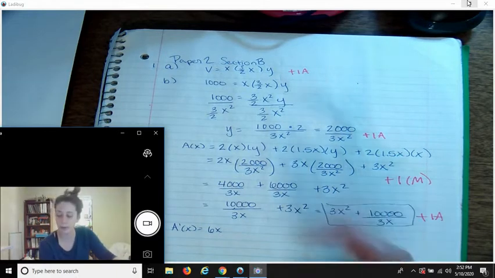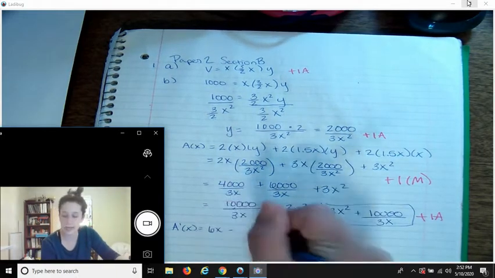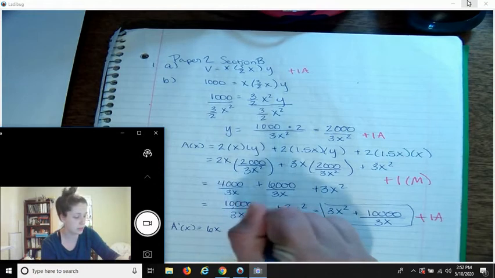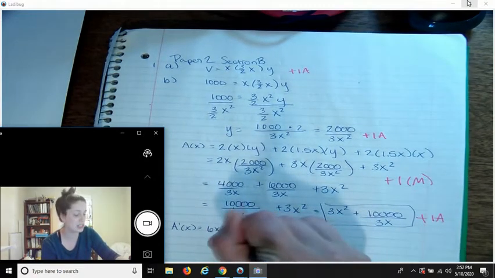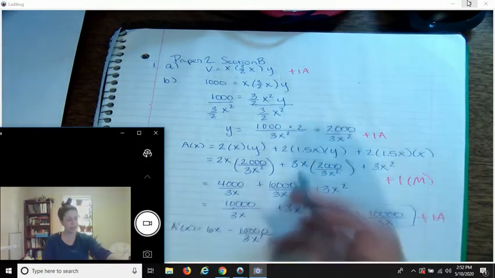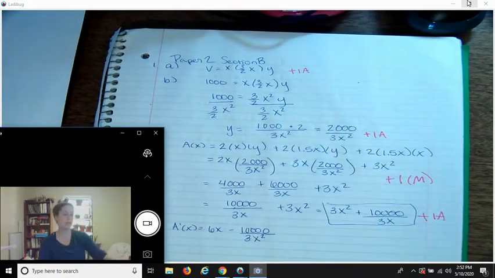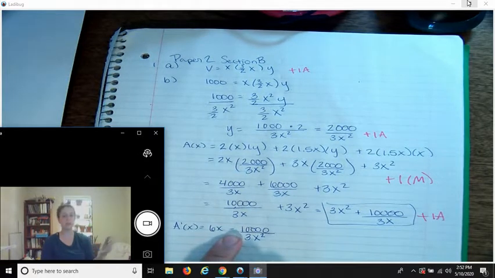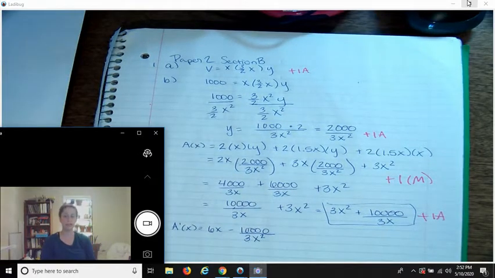So really what we're going to have here is negative 10,000 over 3x squared when I take the derivative. I subtract 1 from that power, giving me -2, and then I need to multiply by my first power, which was -1, which gives us that negative sign out front.